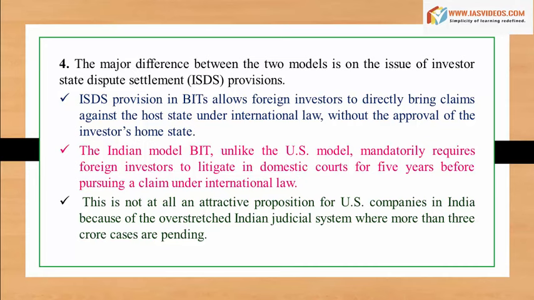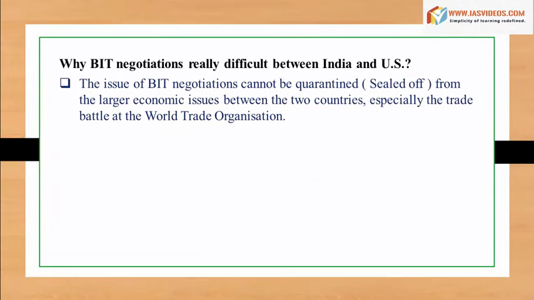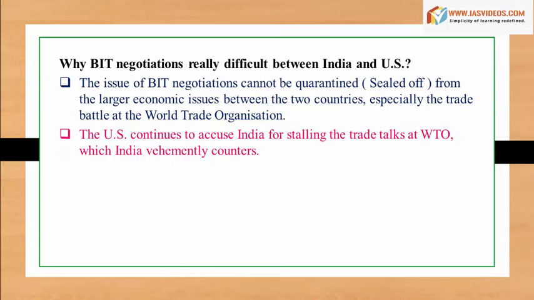Why are BIT negotiations really difficult between India and the US? The issue of BIT negotiations cannot be quarantined, sealed off, from the larger economic issues between the two countries, especially the trade battle at the World Trade Organization. The US continues to accuse India of stalling the trade talks at the WTO, which India vehemently counters.